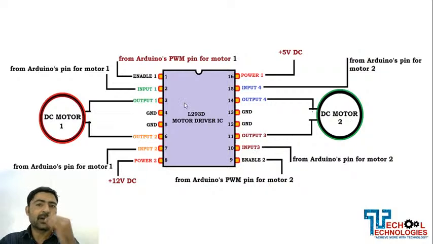We cannot directly connect the motor to a variable analog output. So whatever analog input we get from the potentiometer, we need to send that analog output to this IC, to pin 1, the enable pin for motor 1.